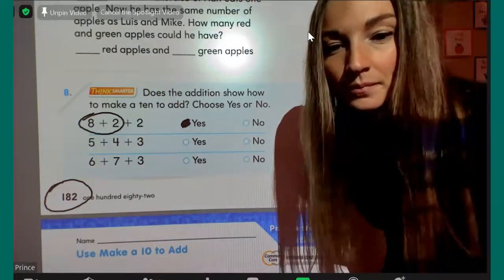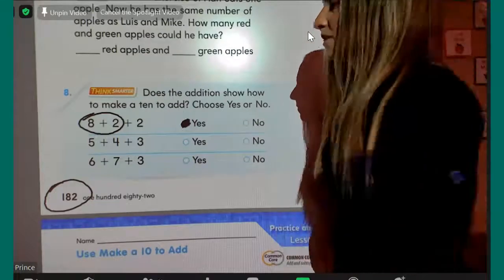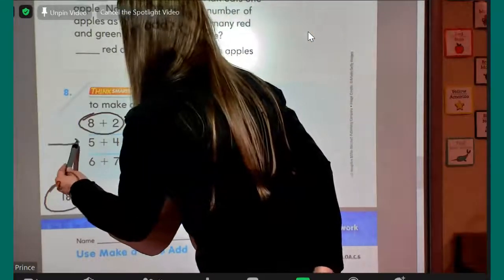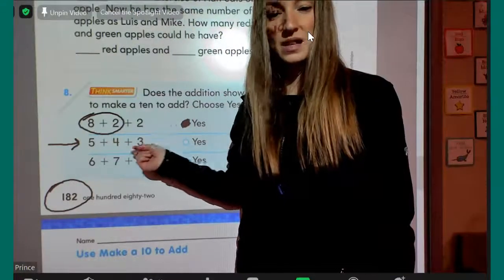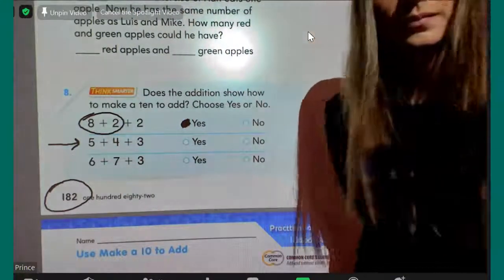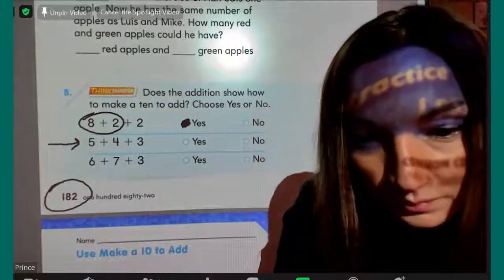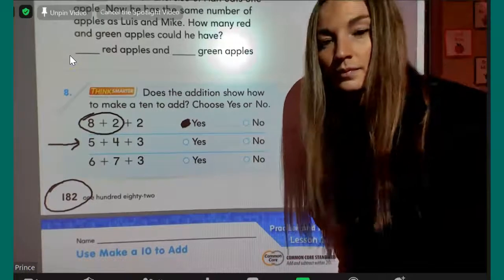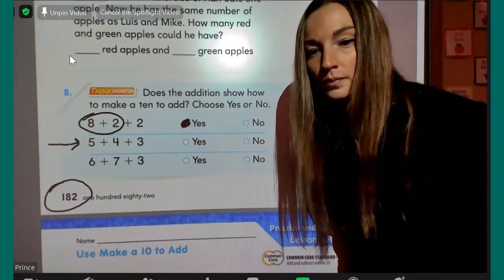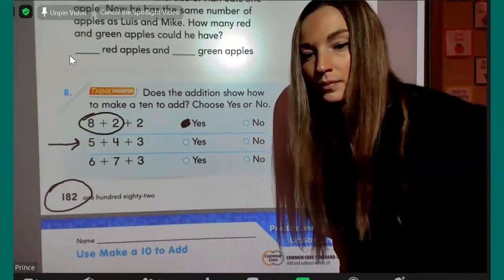All right. Kieran, I'm going to have you help me with this one now, this middle problem. Can you take any 2 of these numbers to make 10? Call on me. Yep.